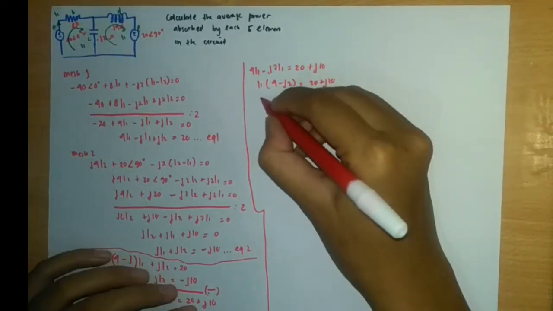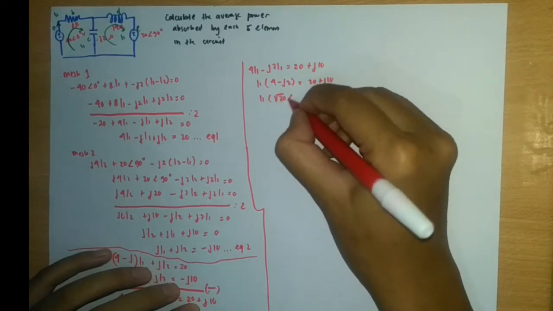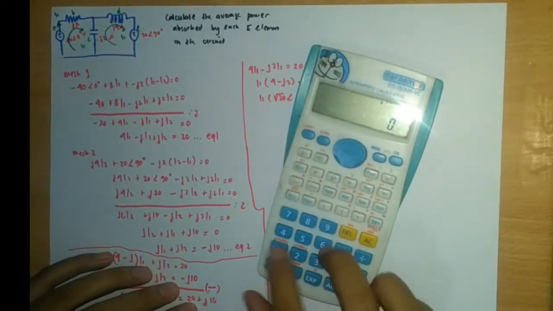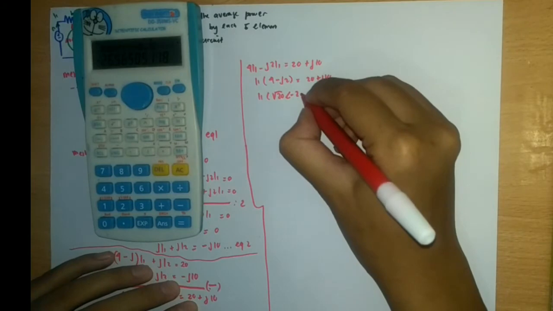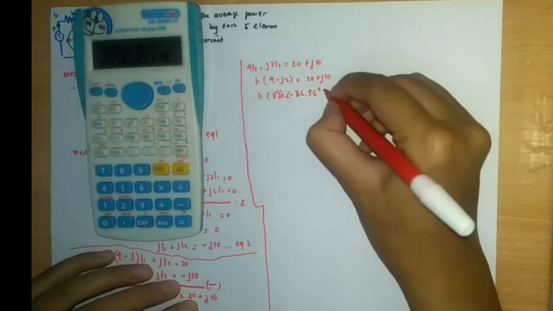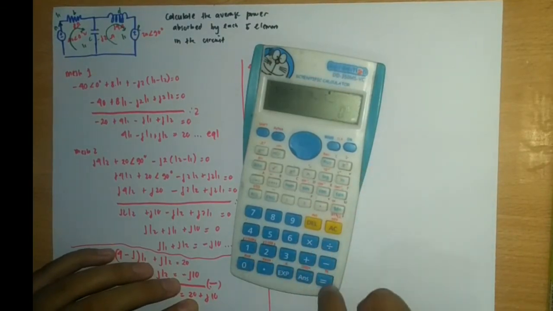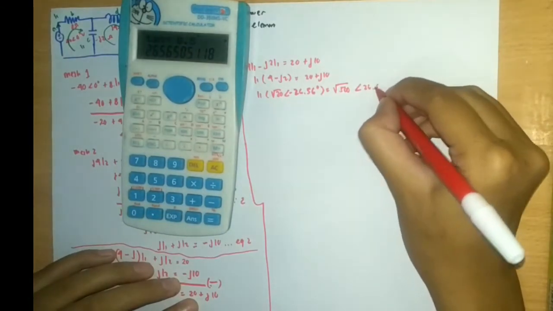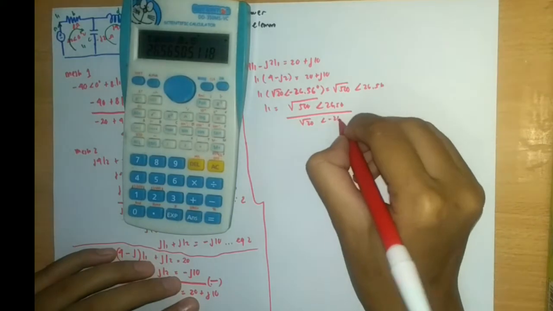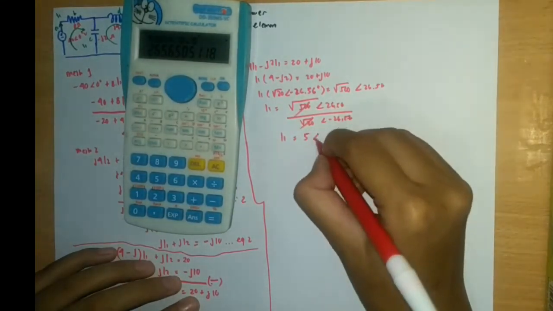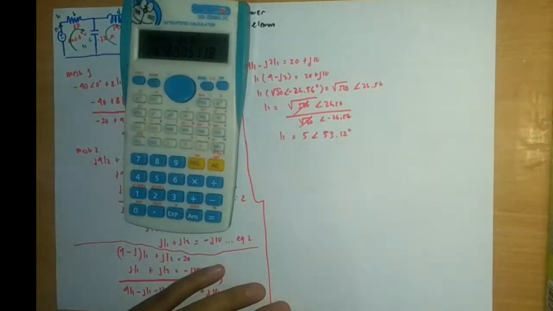Changing it into polar form, we got the arctangent of 0.5 is 26.56 degrees, and we got I1 is 5 at 53.12 degree phase angle. This is the I1.